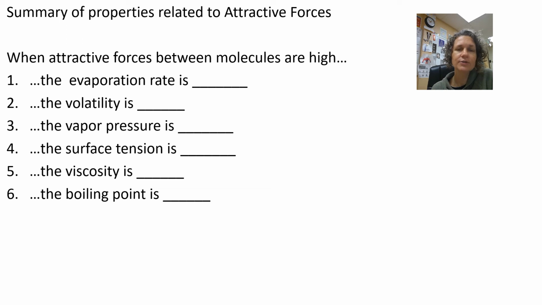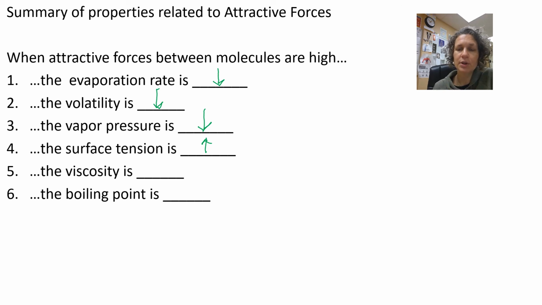Okay, last but not least, just to wrap up, attractive forces. When the attractive forces between molecules are high, so it's held together very well, the evaporation rate would be low. It's still going to evaporate eventually, just not as quickly. If the evaporation rate is low, that means volatility is low and the vapor pressure is low because it hasn't evaporated. On the other hand, that typically means the surface tension is high, and we'll cover surface tension.